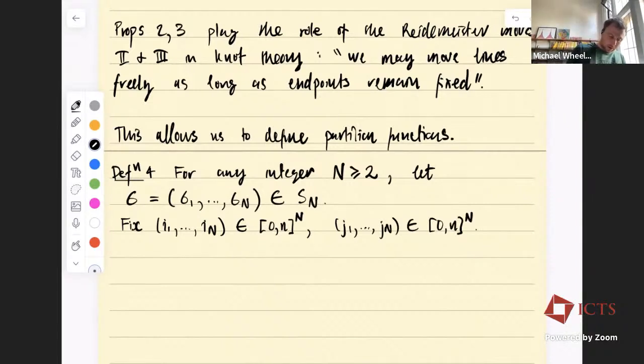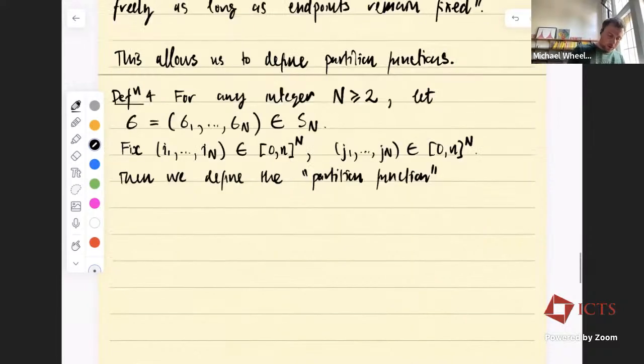Okay. Then we're going to define the key object, called partition function. And that's going to be the following. So it's going to be Z sub sigma.